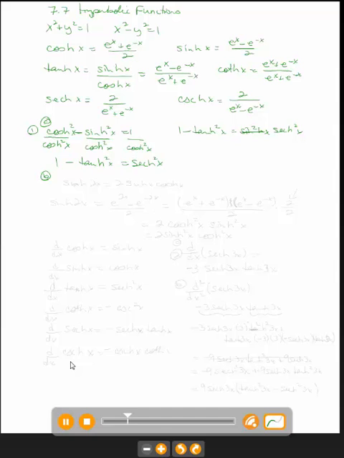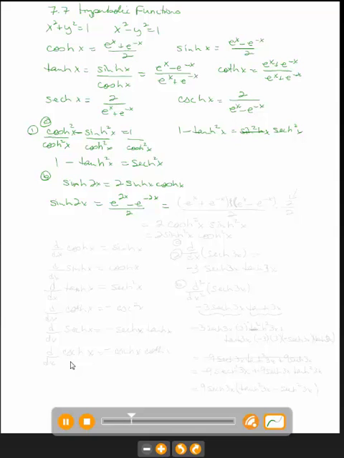Part B, derive this identity, hyperbolic sine of 2x. Oh, and this looks just like the double angle identity for trig functions. Okay, so if we use the actual definition of the hyperbolic sine and replace every x with 2x, we would get this, which then I can factor.